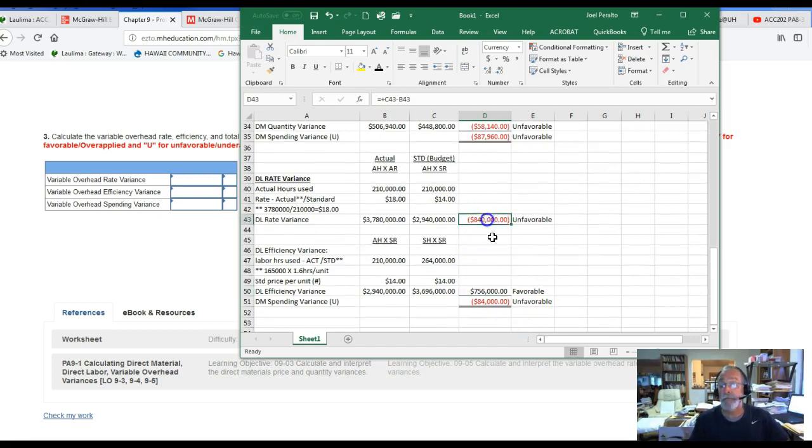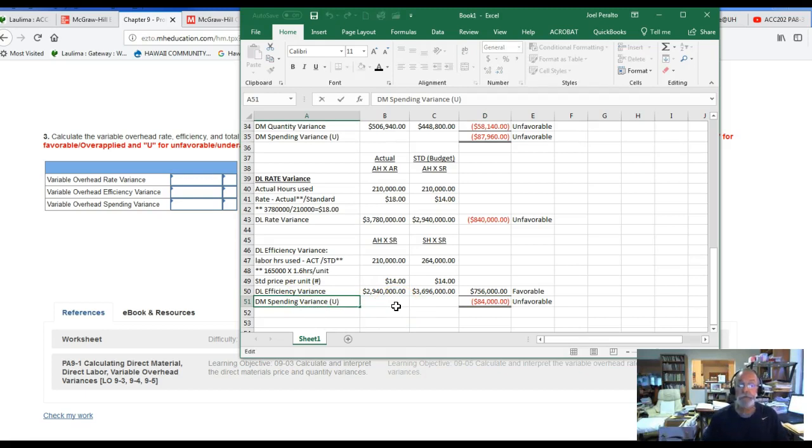And of course, if we combine the rate variance and the efficiency variance, it looks like the spending variance is also unfavorable. Let's put in both of those amounts and see how we end up for labor.